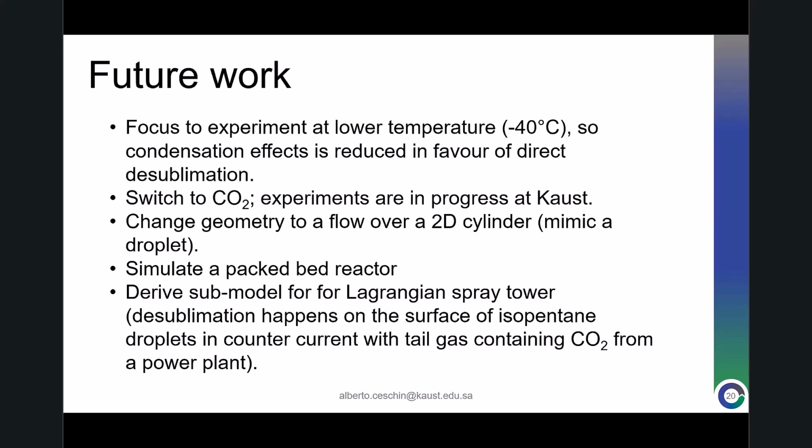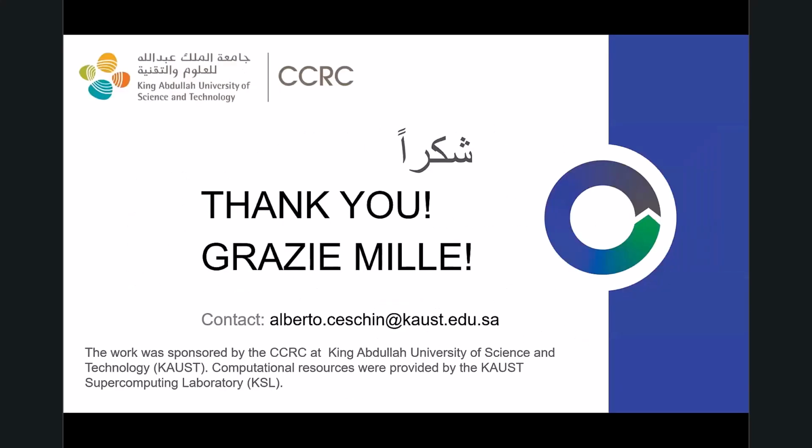We can screw press to extract the solid phase that is our CO2, and the liquid can be recycled in this countercurrent tower. And of course, at the end, I want to derive some submodels that are applicable to a Lagrangian larger simulation of this spray tower. And with this, I will thank you, everyone. If you have any questions, please.